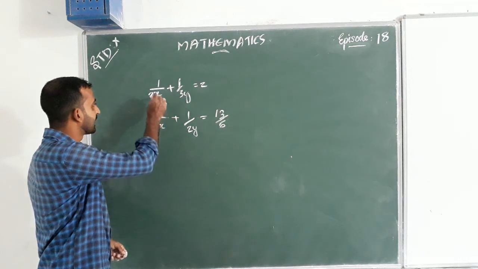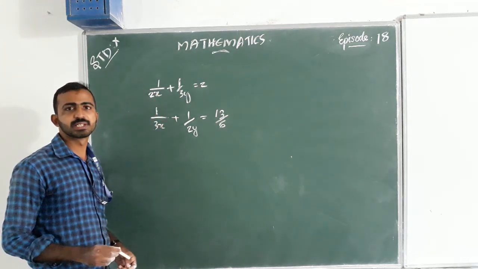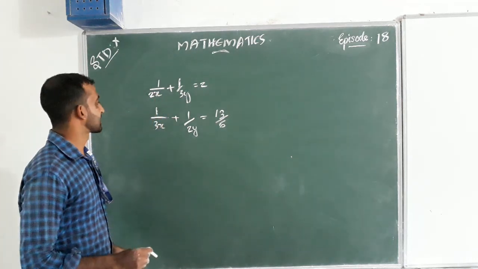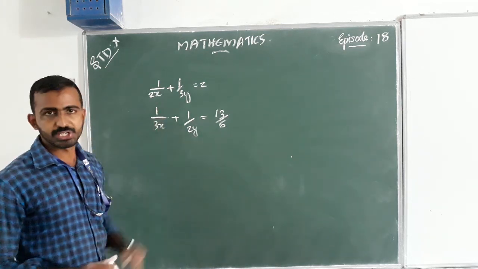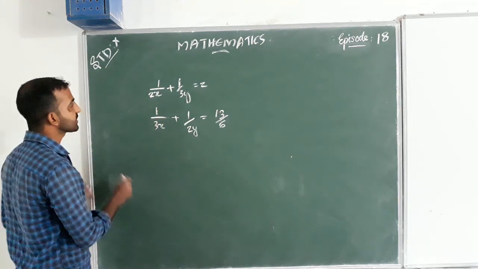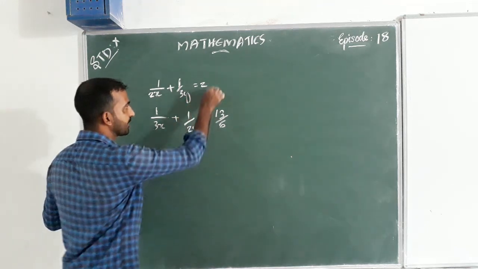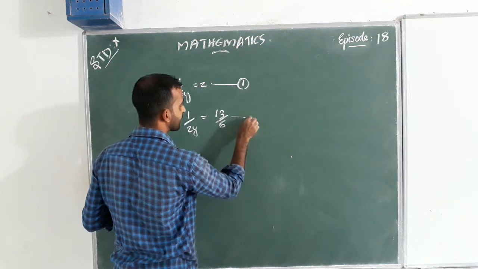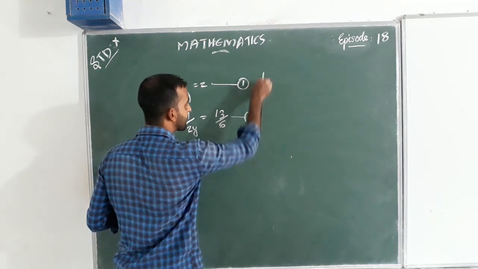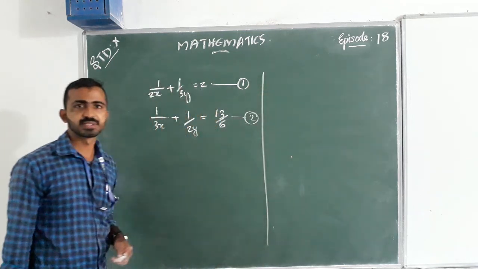Here it is different. Here we want to take some multiplication. This is our first equation, this is our second equation.